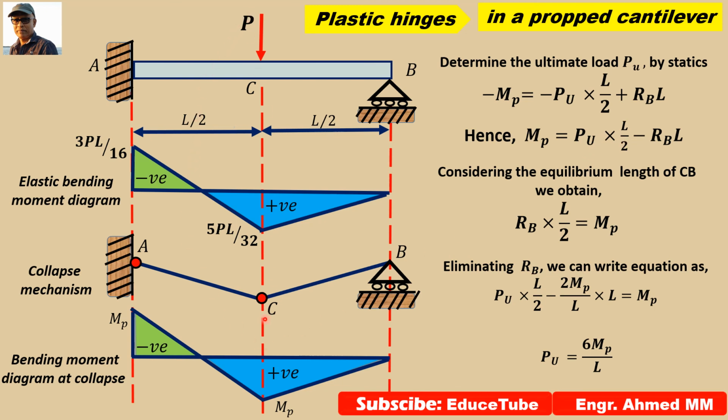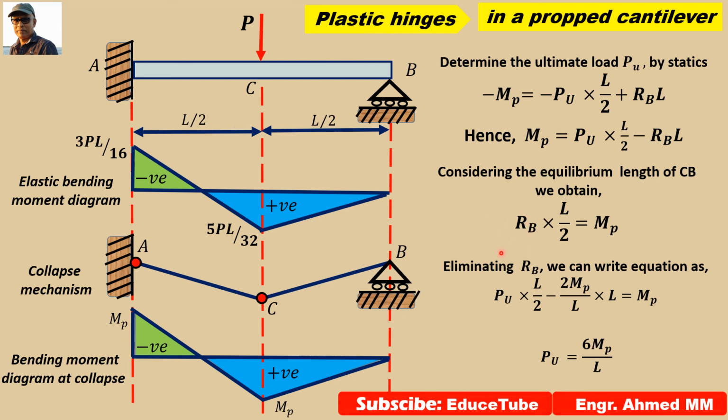This PU, we are using U because this is the ultimate load, because already we got the plastic moment. That is how we must use the PU. So PU multiplied by L by 2, and RB multiplied by L, all about A. So we get this equation. As well we got MP equal to RB multiplied by L by 2 for these positions.